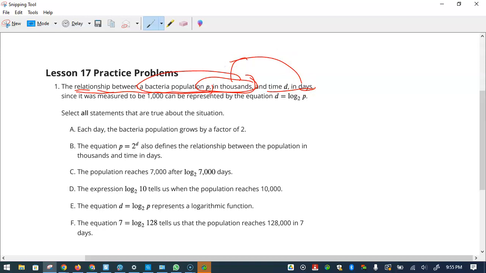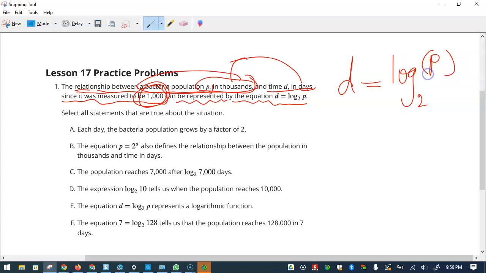But since the population was measured in 1000, the beginning 1000 can be represented by equation D. So there is a relationship, days, how many days have passed, and it is given with the help of logarithm to the base of the population. Now what that means is, in this example, the input is the population and the output is the days. So we want to know how many days have passed if the population is whatever will be given to you.